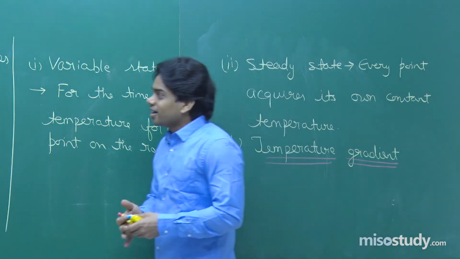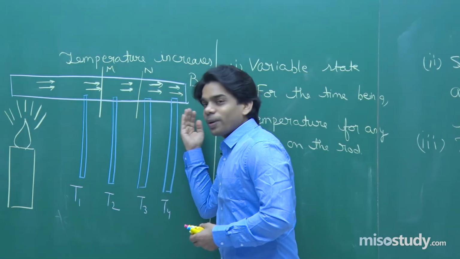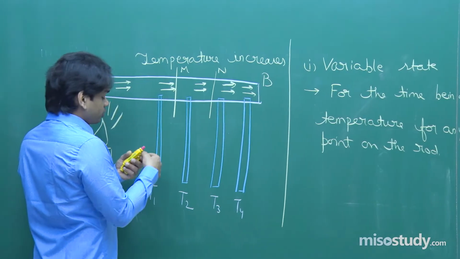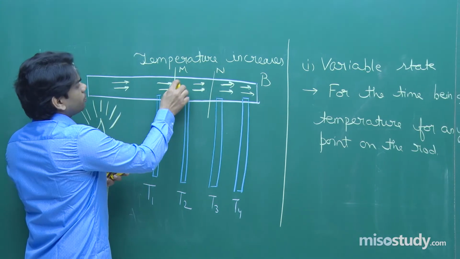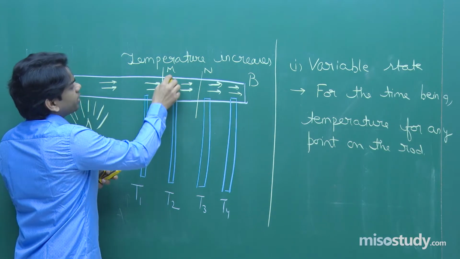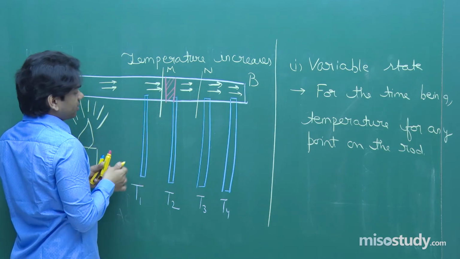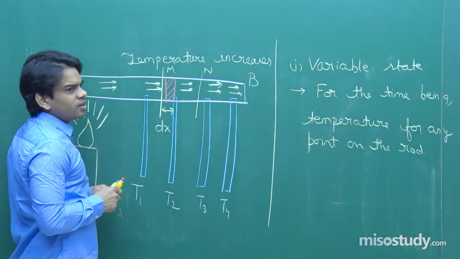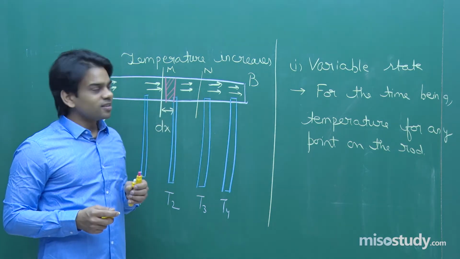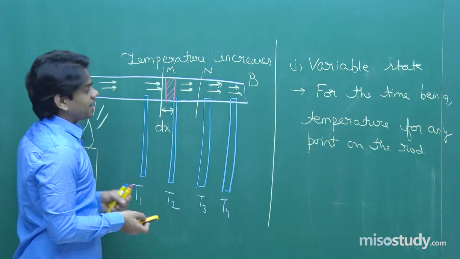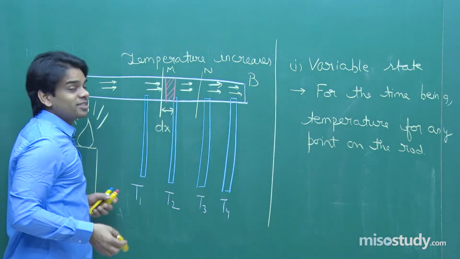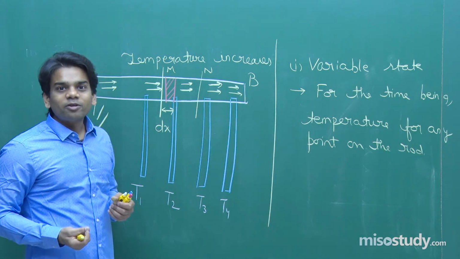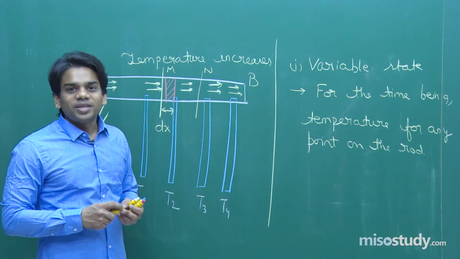Now see, we are finding that temperature is decreasing from end A to end B. If I take any small length on this rod, and let's say this length is dx, the change in temperature from this point to this point, let's say that is dt. So change in temperature per unit length, that will be dt by dx, that is the temperature gradient.